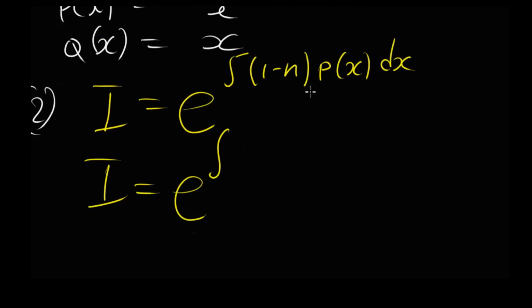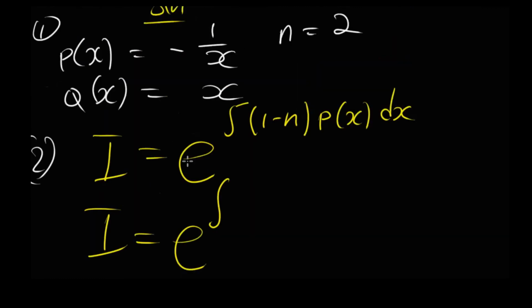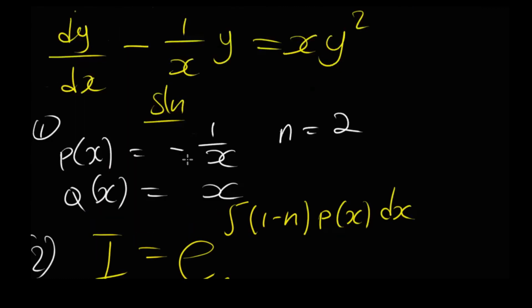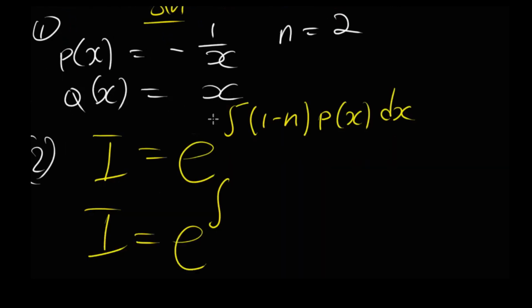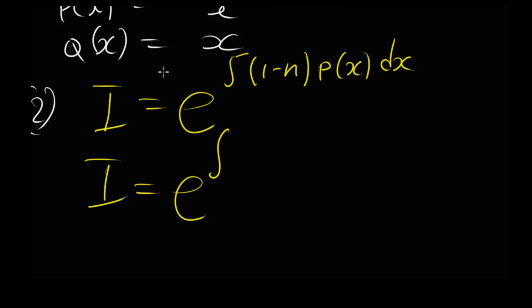We have p of x, which is minus 1 over x. So with that minus 1, it will give you positive if you multiply it. And then you have 1 over x dx.